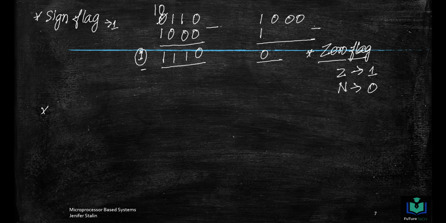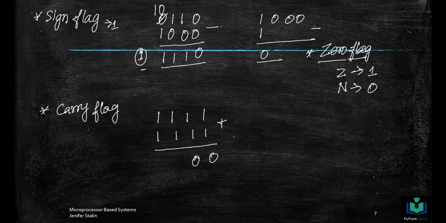The next thing is the carry flag. The carry flag is set when the arithmetic or logical operation results in a carry. I'm giving an example by adding two numbers. So what happens if I add these two numbers?